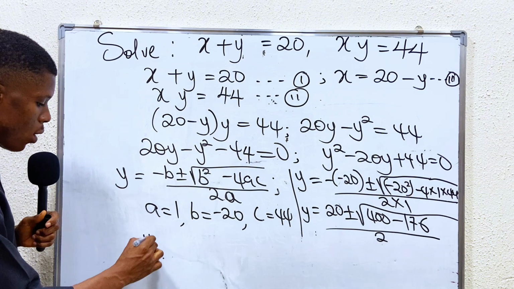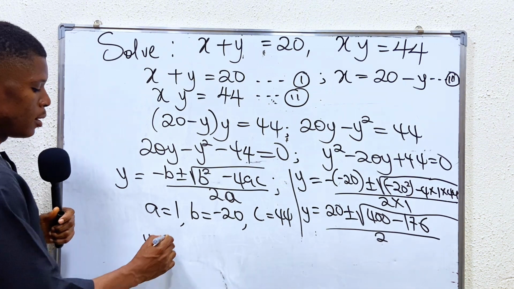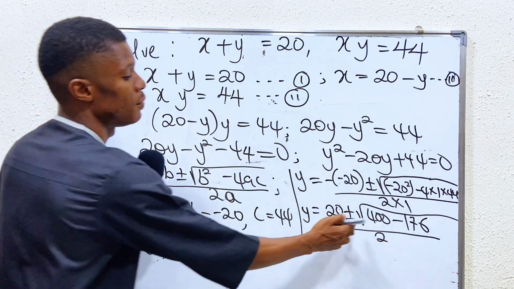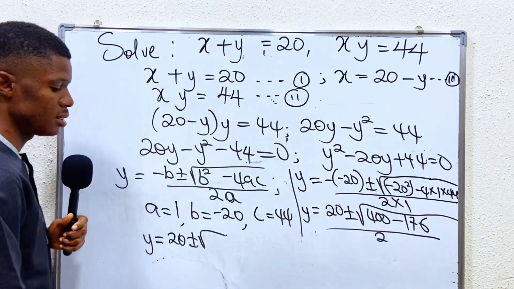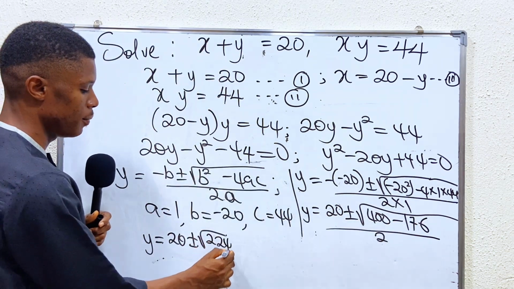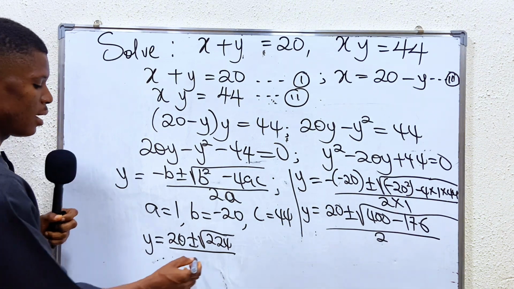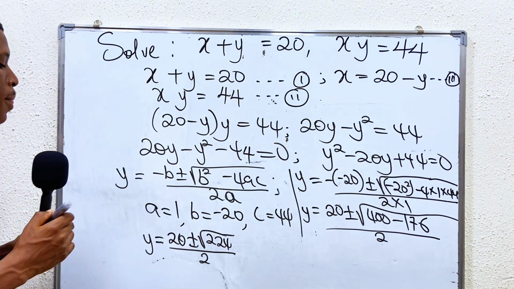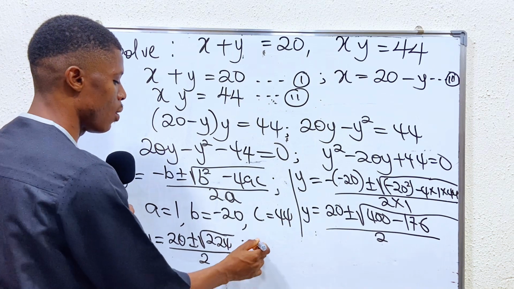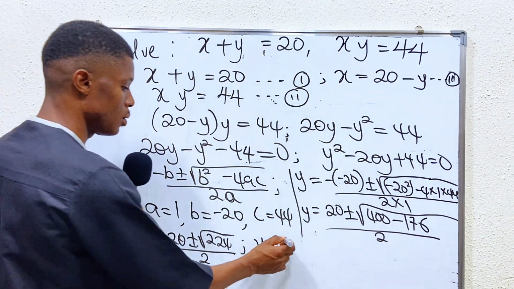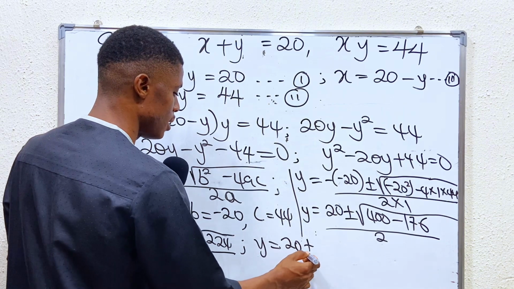You can see that y is equal to 20 plus or minus the square root of 400 minus 176, which is 224, then divided by 2. So you can now see that our y is equal to 20 plus or minus the square root of 224, over 2.